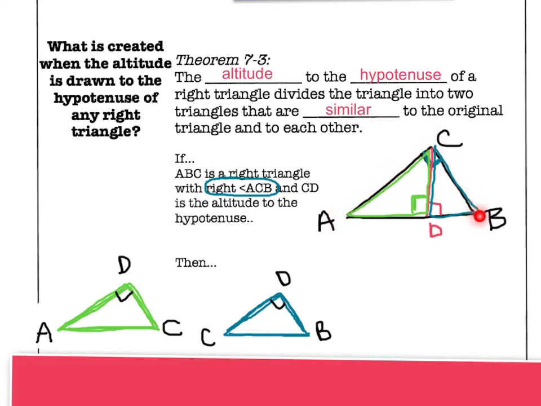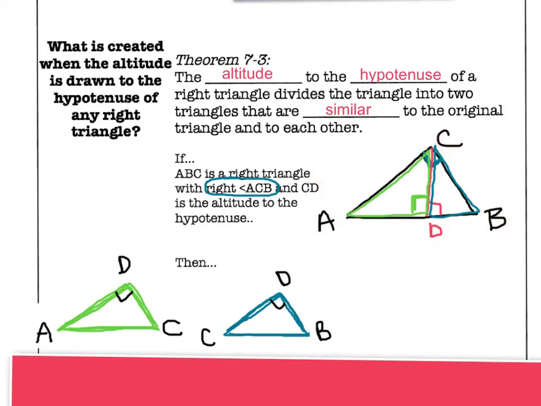So again, the altitude to the hypotenuse, this altitude CD of a right triangle, divides the triangle into two triangles that are similar to the original. So these two, the green triangle and the blue triangle, are both similar to the original triangle ACB. So we could write our similarity statements here.